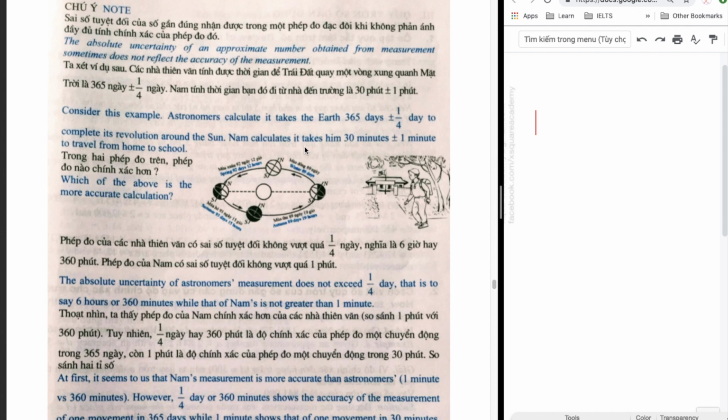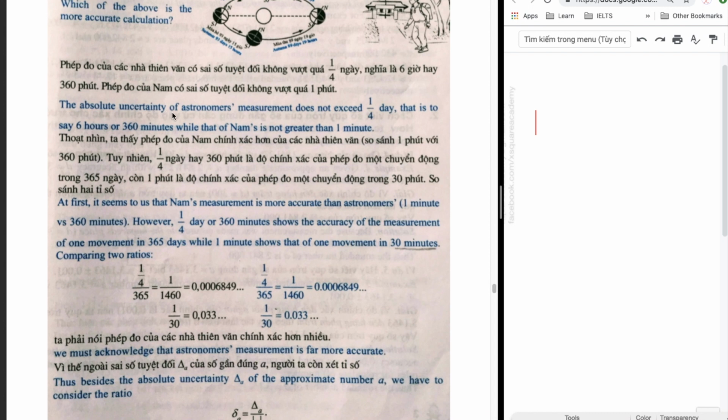Nam calculates it takes him 30 minutes plus minus 1 minute to travel from home to school. Which of the above is the more accurate calculation? The absolute uncertainty of the astronomers' measurement does not exceed a quarter day, that is to say 6 hours or 360 minutes, while that of Nam's is not greater than 1 minute.